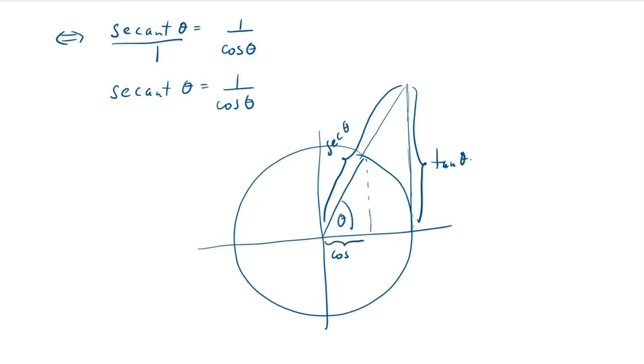This is cos of theta. This is sine of theta. And tangent is equivalent to sine over cosine, while secant is 1 over cosine. Furthermore, if this point has coordinates x, y, then x, y corresponds to cosine and sine of theta.